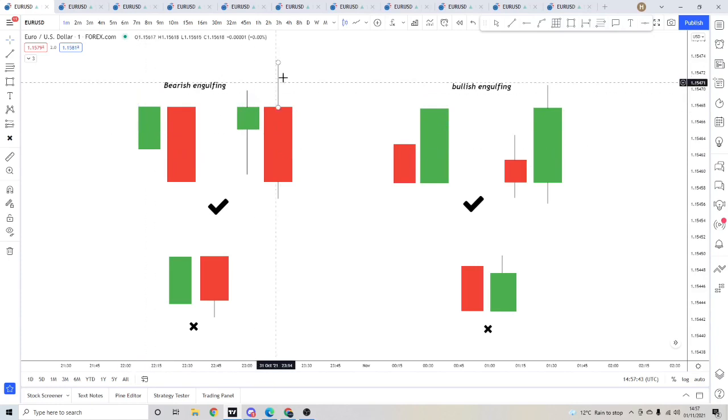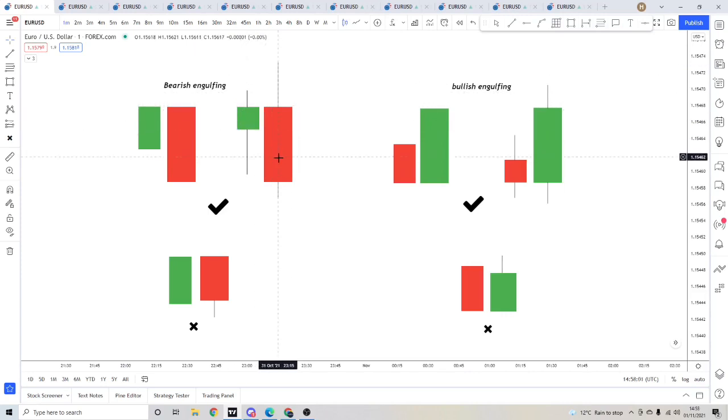Now, for us, whatever happens above is irrelevant. What's important to us is the fact that it takes the low of the buy candle. Obviously this is valid, and like I said, what happens up here is irrelevant.